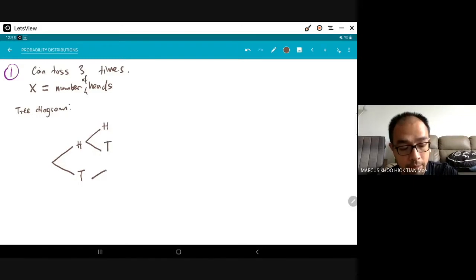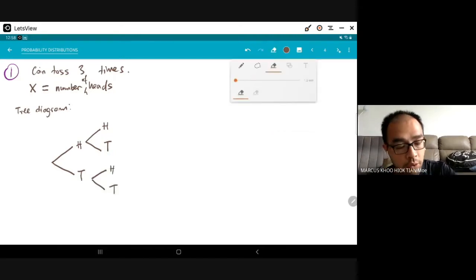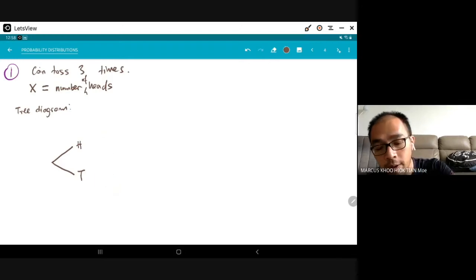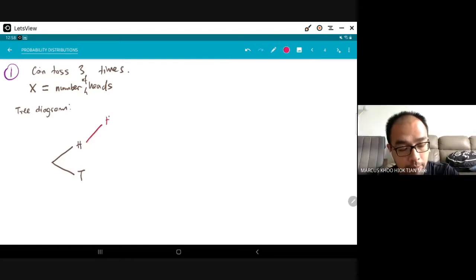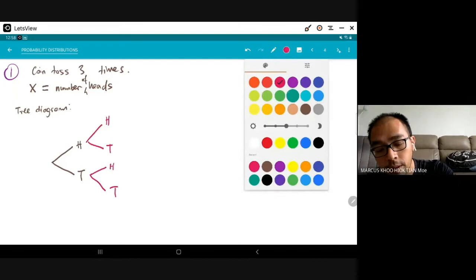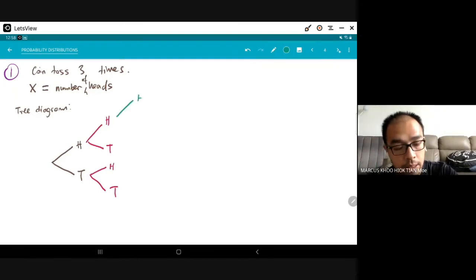Sama juga dengan di bawah sini. I'm going to change color so that you know the difference between the first and the second time. First time saya lambung is brown color. Second time saya lambung is, I don't know what color this is. Third time saya lambung, green color.